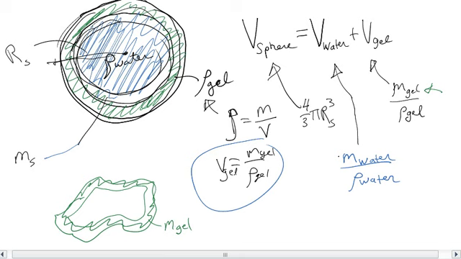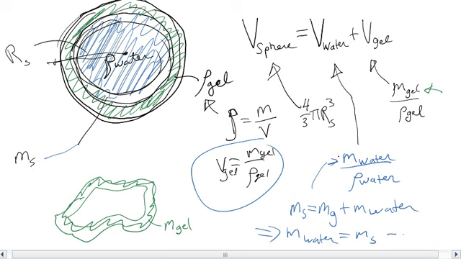So for M water, we use the fact that M sphere is equal to M gel plus M water, which implies that the mass of the water is just equal to the mass of the sphere, which we measured, minus the mass of the gel.